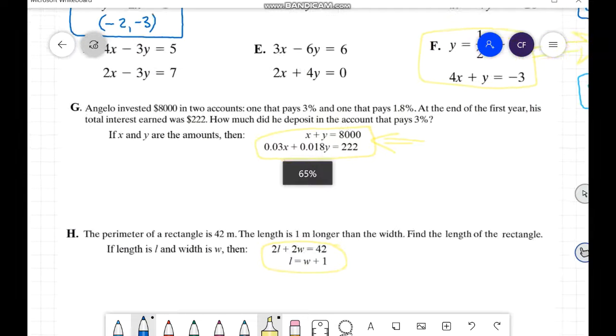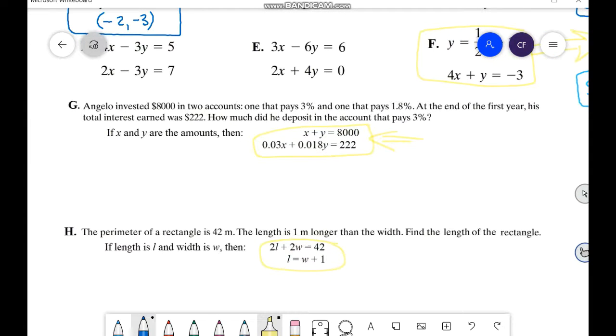So letter G, Angelo invested 8,000 in 2 accounts, one that paid 3% and the other one that pays 1.8%. At the end of the first year, his total interest earned was $222. How much did he deposit in the account that pays 3%?